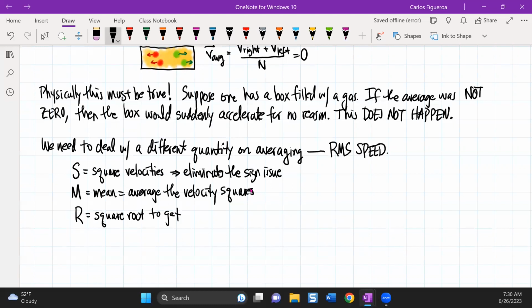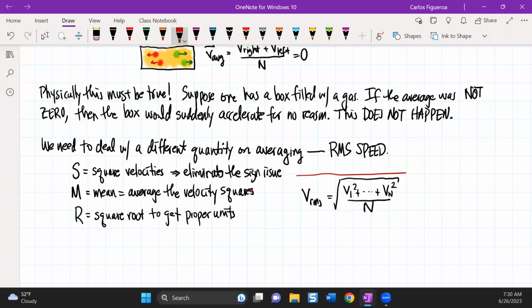So here it is. VRMS is then equal to what? The squares of the velocities. I then average them or take the mean, and then I take the square root to make sure that I get proper units of meters per second. This is the RMS speed.